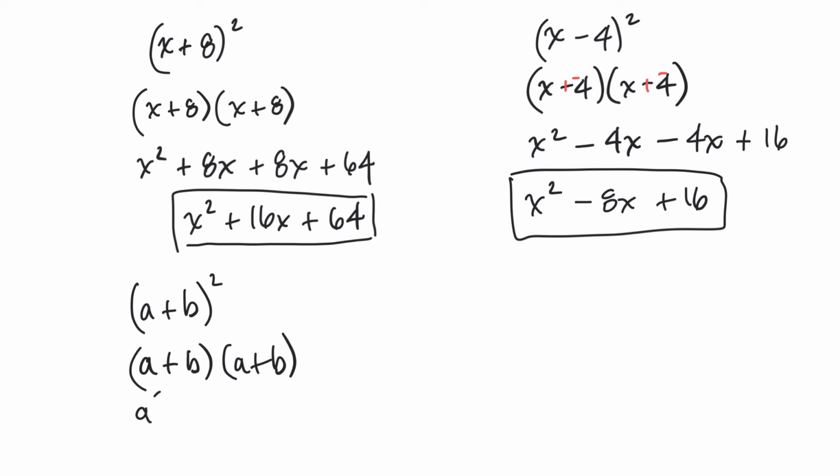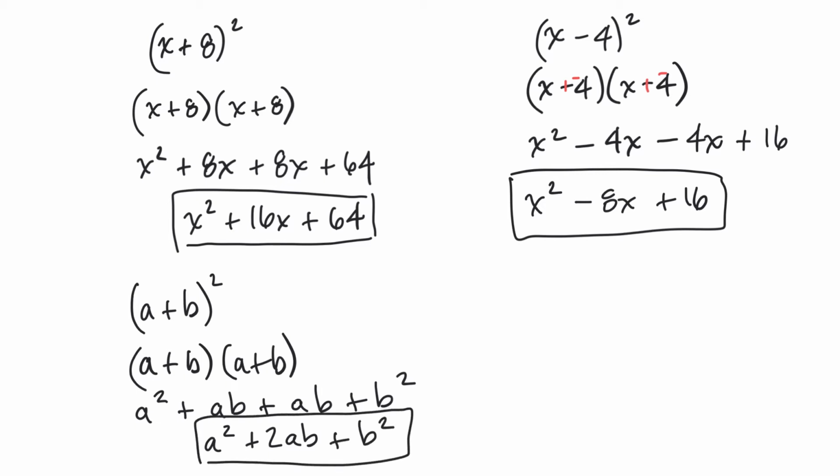And so I get a squared plus ab plus ab plus b squared. And if I combine my like terms, I get a squared plus 2ab plus b squared. And this is the pattern, the binomial squares pattern.